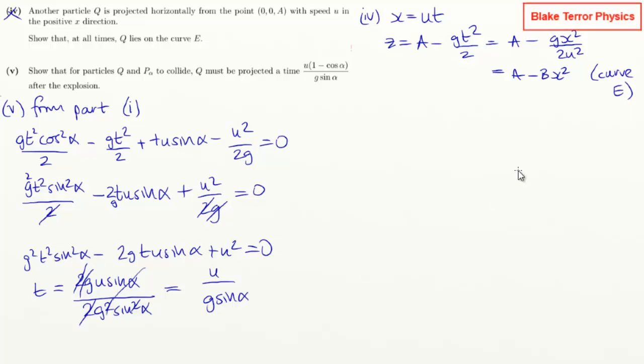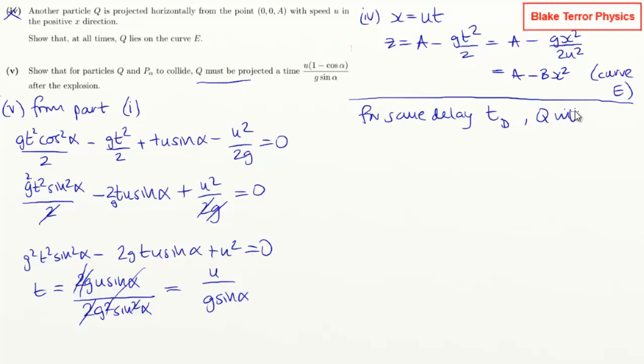Right, so that's step 1 on all of this. But then we have to get Q to the same point for them to collide. So for some delay, because this is what we want to work out, we need the delay that Q has got. So let's say T subscript D for the delay. So Q will have travelled for t minus td.